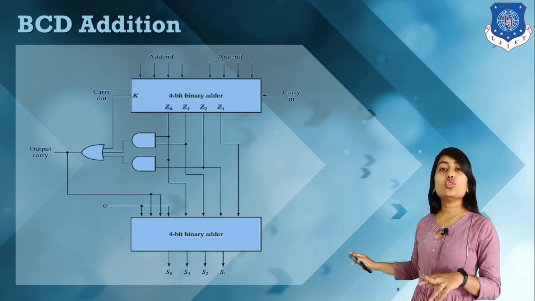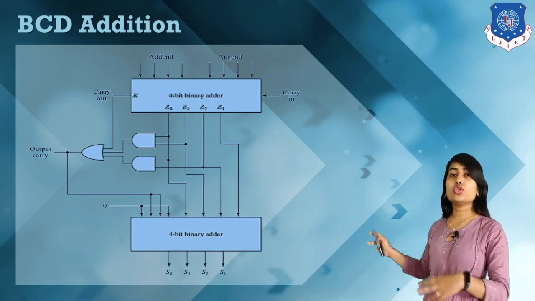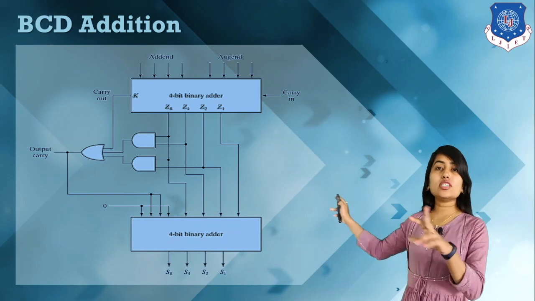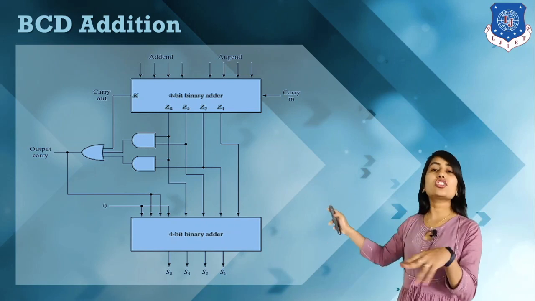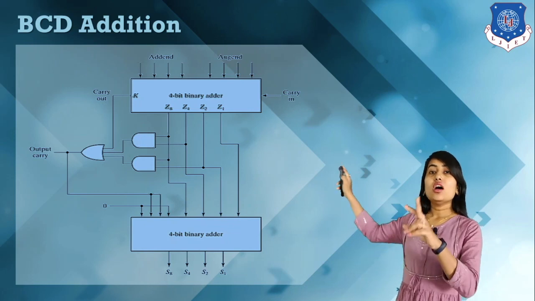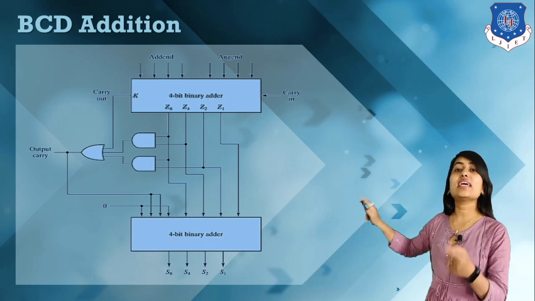So how do we check whether it is a valid code or an invalid code? Using the concept of the carry C, we make the correction logic with the equation K plus Z8 into Z4 plus Z8 into Z2.